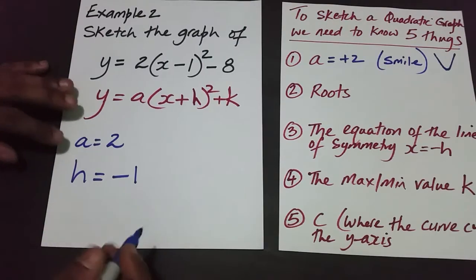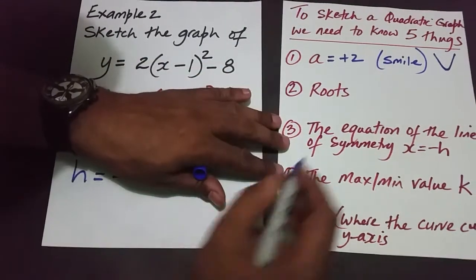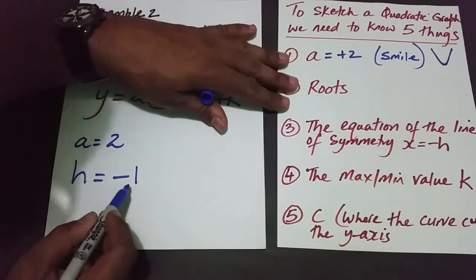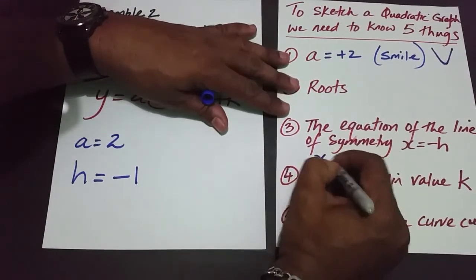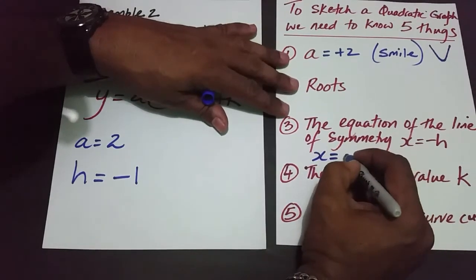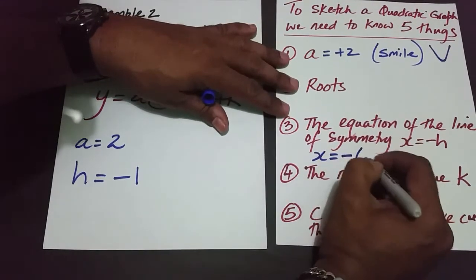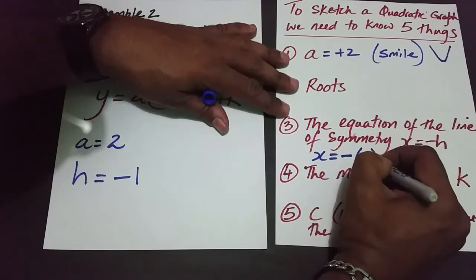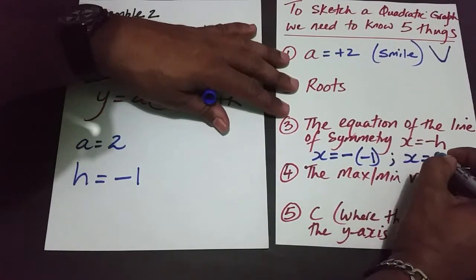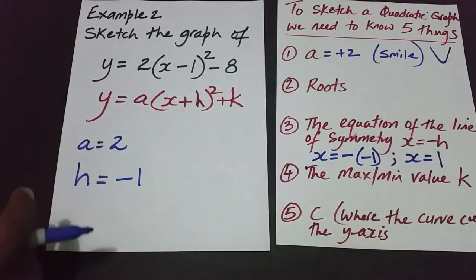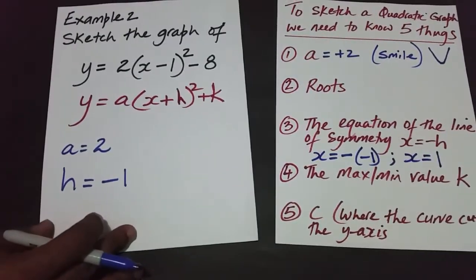That would simply be positive. So we're able to determine, based on the fact that h is -1, that the equation of the line of symmetry is x equals the negative of -1, which means the equation of the line of symmetry is x equals +1.